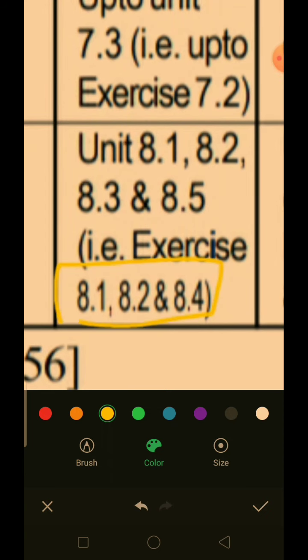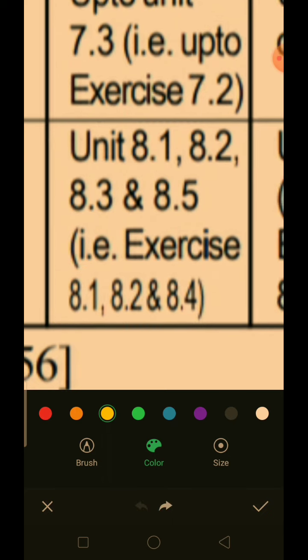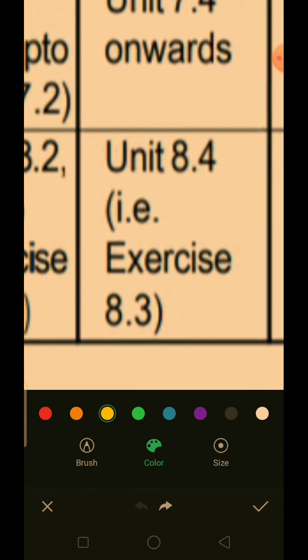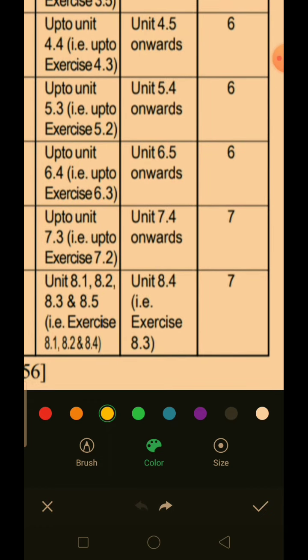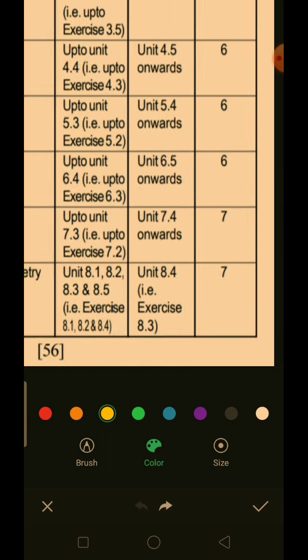Unit 8.4 has been left out and exercise 8.3 has been left out. So you have to be careful with that. You have 7 marks to deal with, which is a good score.